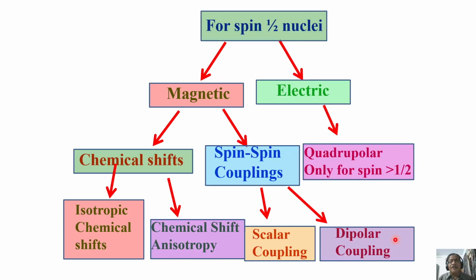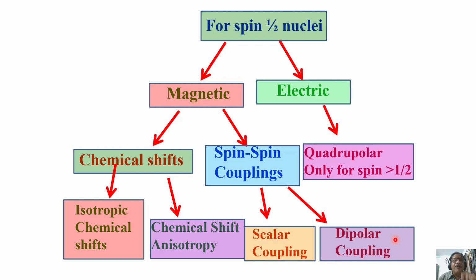Now I concentrate on spin-half nuclei. Basically, in this course, we always concentrate on spin-half nuclei. We don't go to spin one nuclei, except in special examples to understand the coupling of spin-half nuclei with spin one nuclei. I take some examples and interpret the spectrum later. But at the moment, for most of our discussion, we concentrate only on spin-half nuclei.